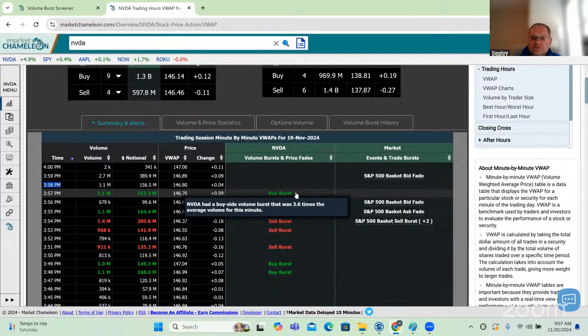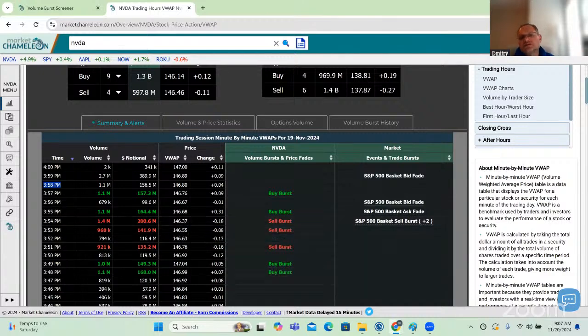Once we see the volume burst, we want to know what the impact was to the stock, to the VWAP, the volume weighted average price. If the stock moved higher, we'll call it a buy burst. If the stock moved lower, we'll call that a sell burst. So for convenience, we'll just call it either a buy burst or a sell burst. That indicates two things: the volume was high and the stock moved up, or the volume was high and the stock moved lower.